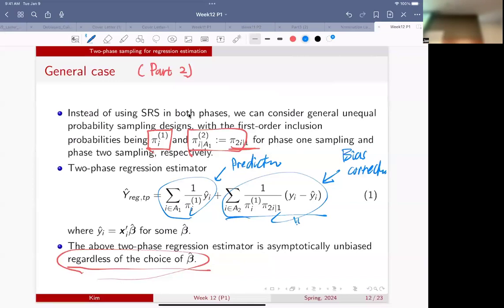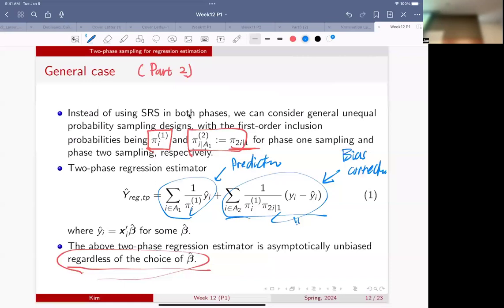You can come up with many different predictors. But as long as you can do bias correction, you can always correct the bias of your particular prediction estimator. So your particular prediction estimator can be bias corrected using the second term, right?